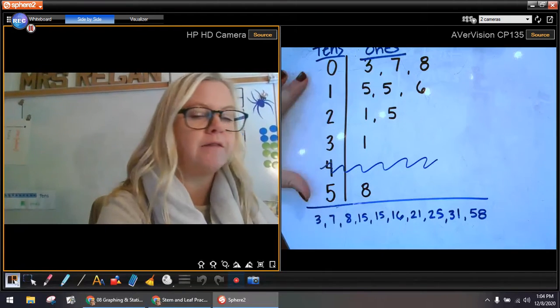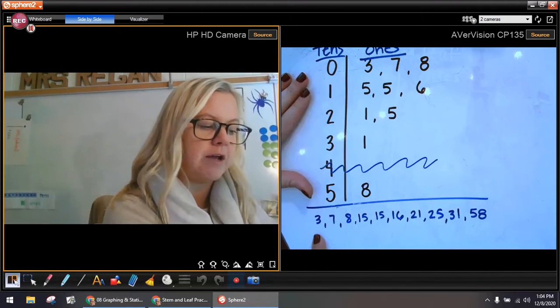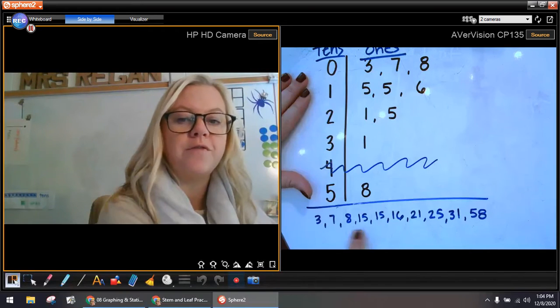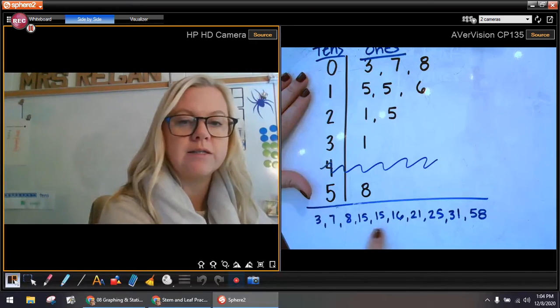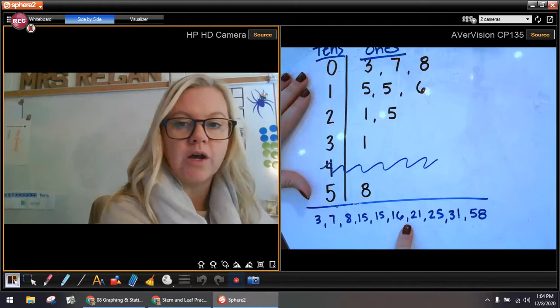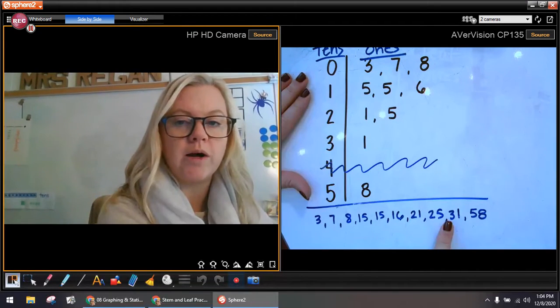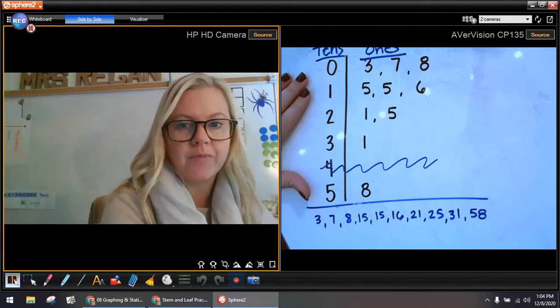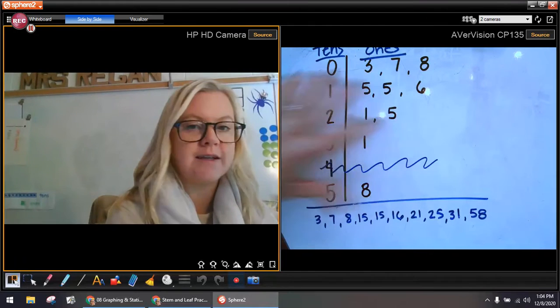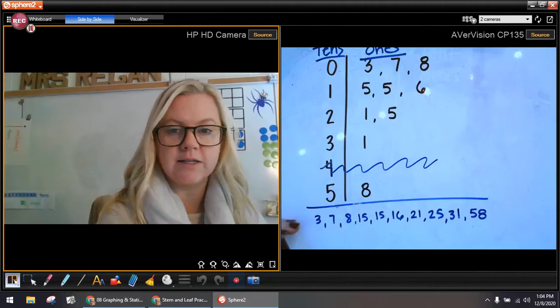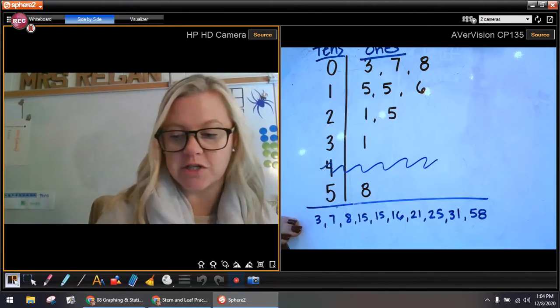So this stem and leaf tells me that my numbers are 3, 7, 8, 15, 15, 16, 21, 25, 31, and 58. Now here's why it's important to take the stem and leaf and always write it as your list of numbers. Here are some example questions that you might have.